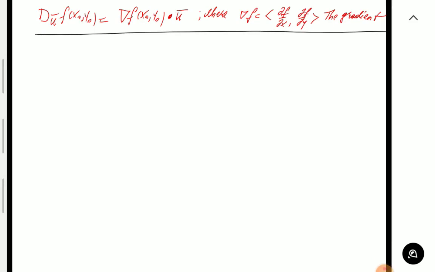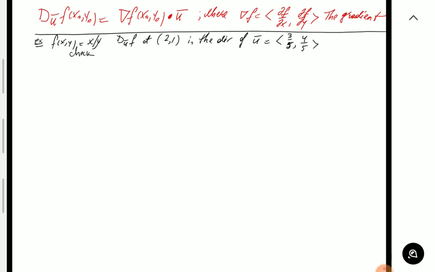All right, so let's take an example. Suppose that a function is given by x over y, and we want the directional derivative of this function at the point 2, 1 in the direction of u given by 3 over 5, 4 over 5. You should always check to see if the vector is of length 1.